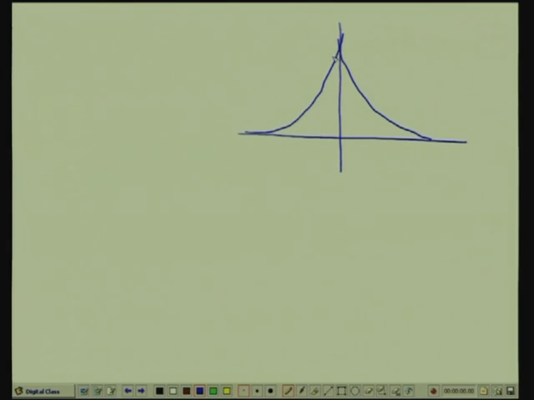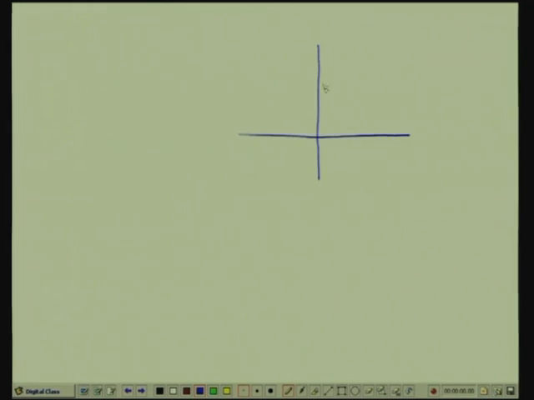Now, if I really want to have a much stricter, sharper curve, instead of that bell like curve, I may like to have some curve like this, all right, or even sharper. Rather sharp here, this sort of curve.